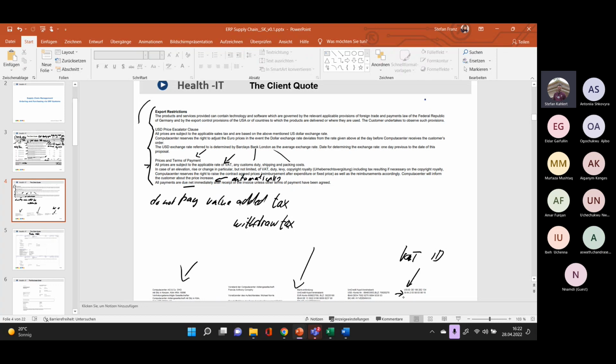And these are the numbers that you can know. And if you create such a quote, you always need to refer to these numbers, which is called Umsatzsteuer ID.